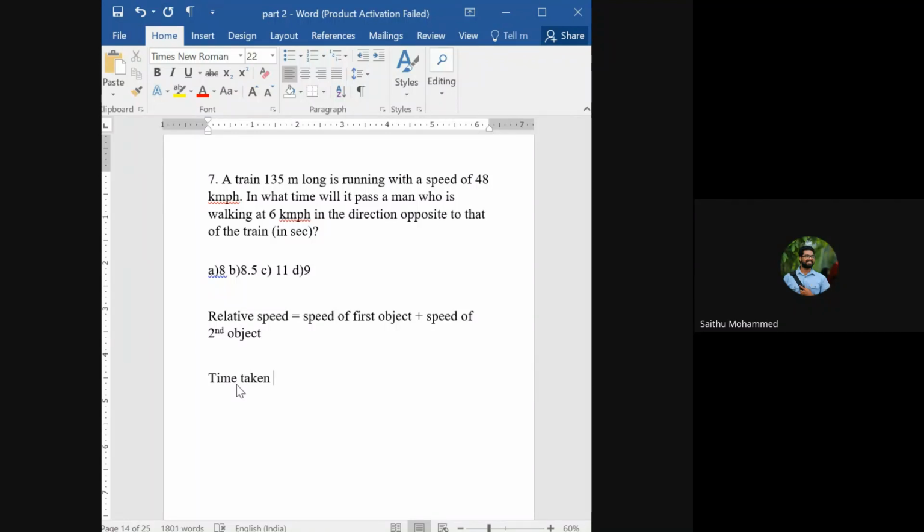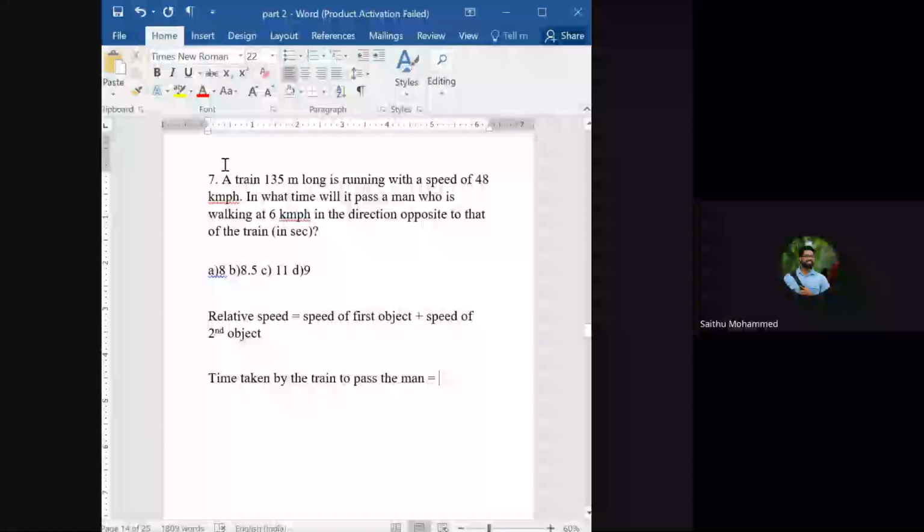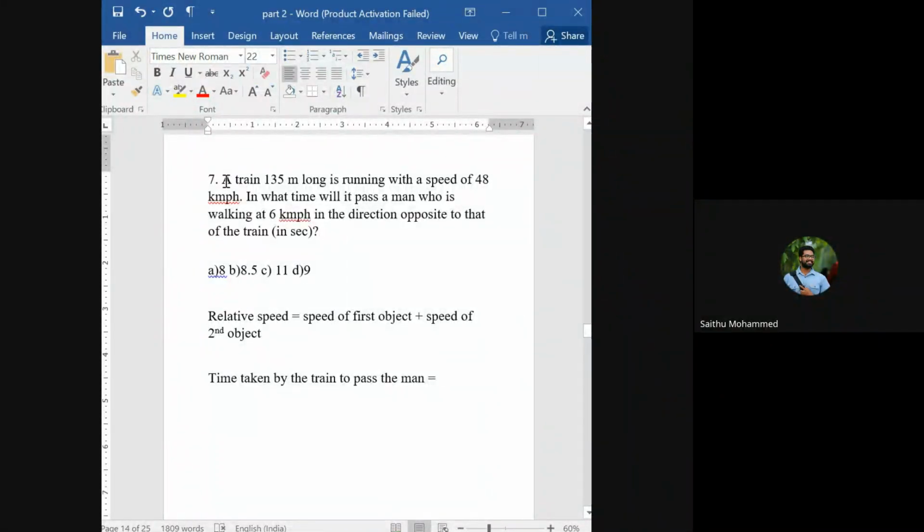Time taken by the train to pass the man is what we have to find. We have the train's length, which is 135 meters, the speed of the train, and the speed of the man. These are the three important data we have in order to solve this problem.